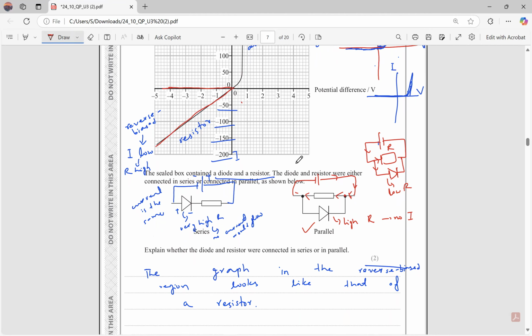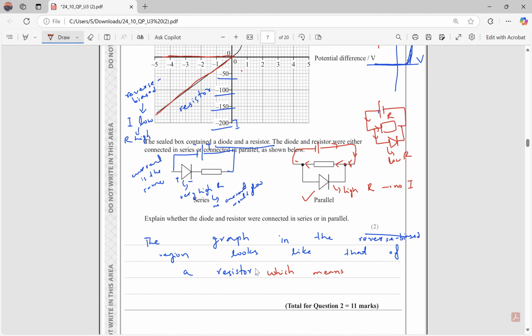So we'll say the graph in the reverse bias region looks like that of a resistor, which means no current was flowing through the diode.